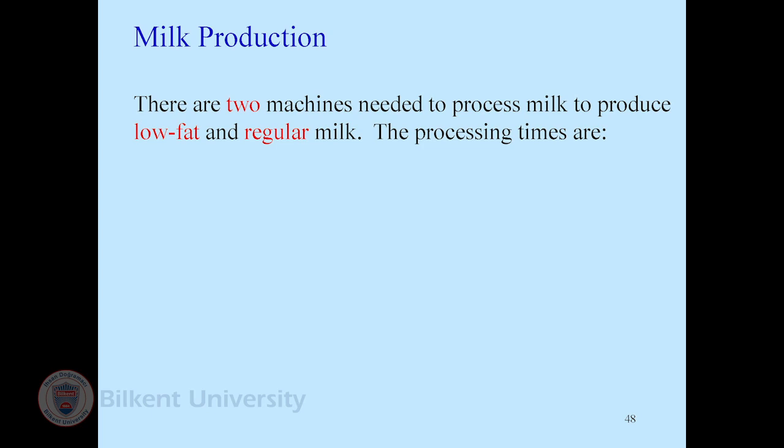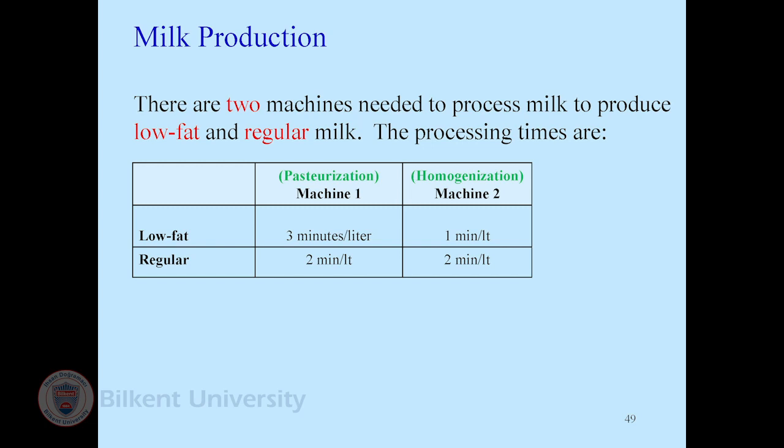And there are 2 machines in our company right now. And these are the times of those machines. You'll require both of those machines to work for the output, okay? So for low-fat milk, for example, for pasteurization, it requires 3 minutes per liter.